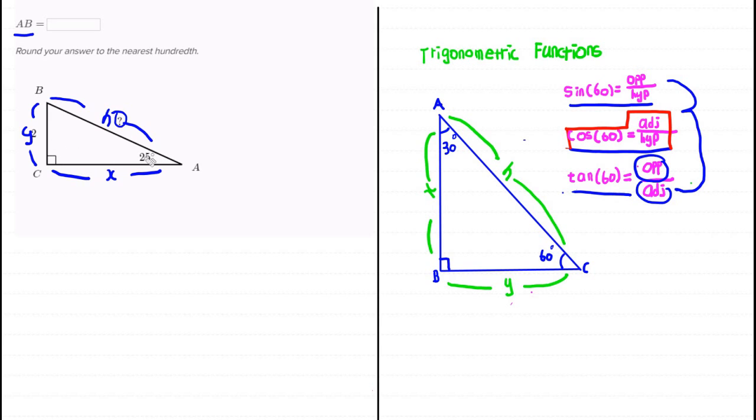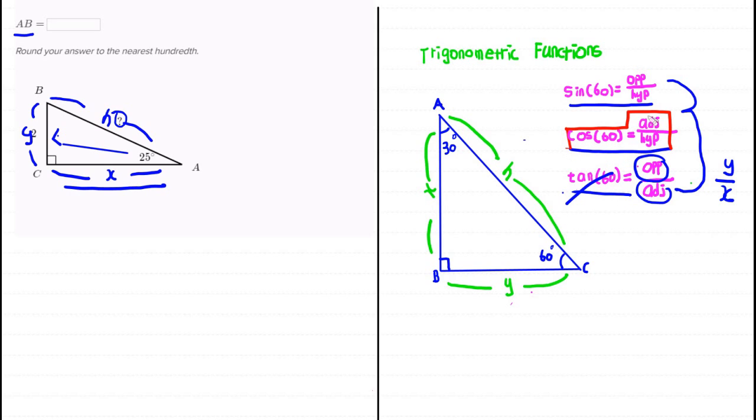So from 25 degrees, the opposite is 2, which is y, over adjacent x. But we don't know the value of x, so we can't apply tangent here.